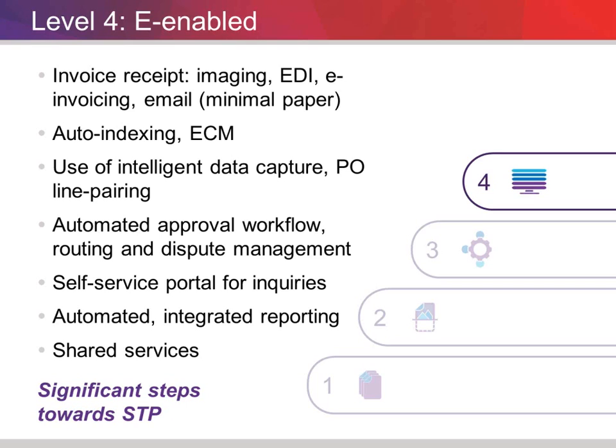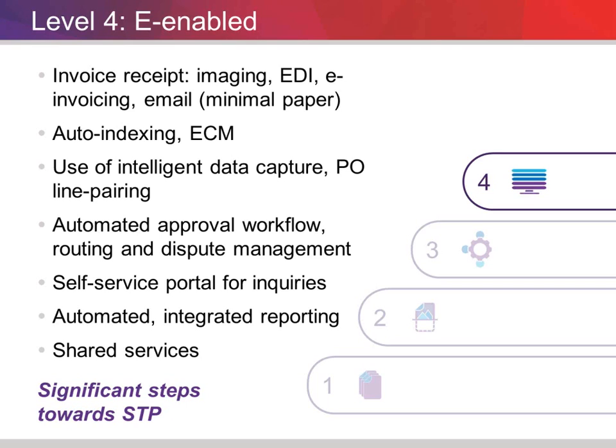Automatically index and aggregate this information, and then manage it using tools such as enterprise content management, and capture any data necessary using, again, OCR, ICR, as well as intelligent data capture tools such as barcode reading, optical mark sense, and PO line pairing. So now you're driving processes of matching electronically versus throwing people at it.